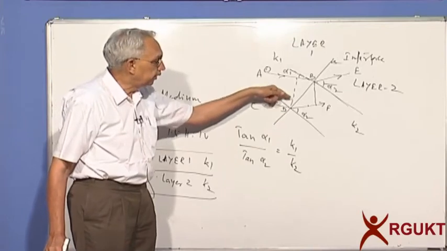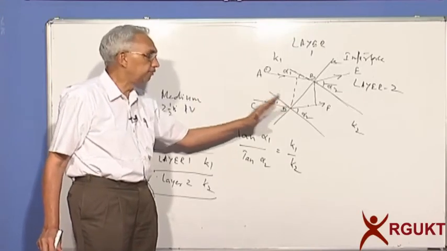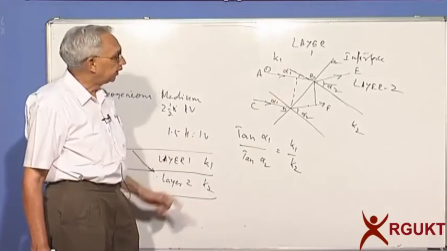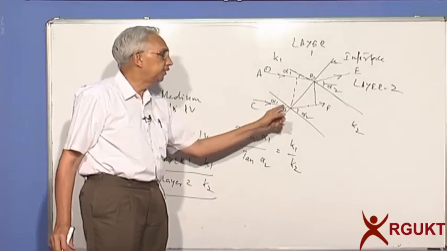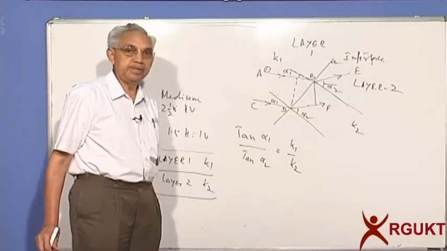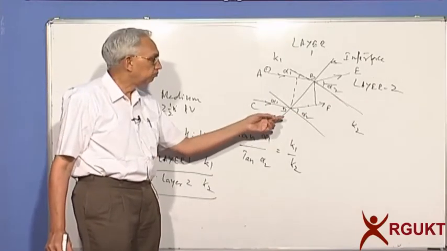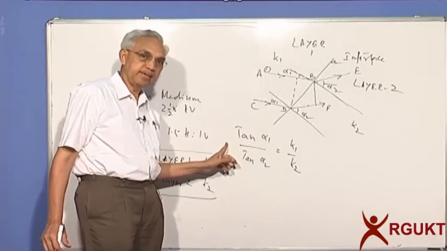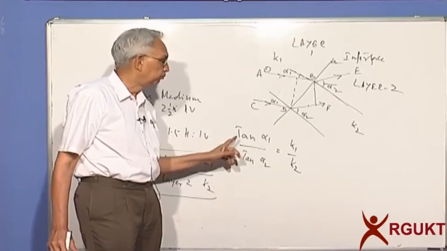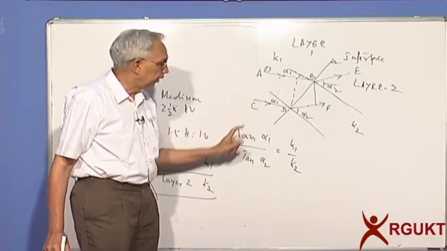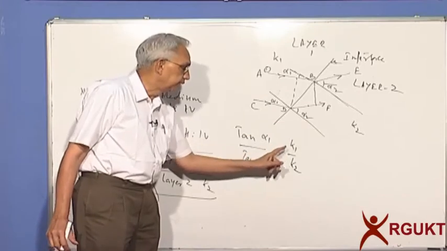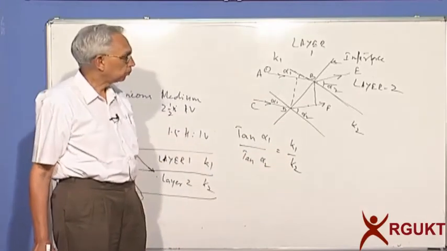It is meeting a medium with a different coefficient, and then you will find that the ray will change through the second medium depending on its index, the transmission index, and the relation is exactly the same as in physics. Tan alpha 1 by tan alpha 2 is equal to K1 by K2.